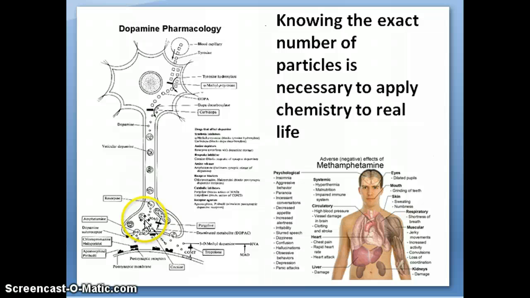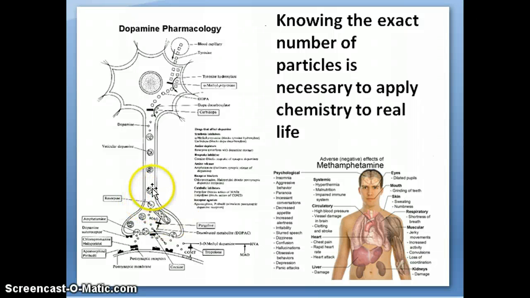And by releasing that molecule, it allows this particular neuron, this nerve cell, to produce certain physiological responses. Let's say you study these responses and you understand that for a particular response to happen, there's a certain number of dopamine molecules that need to be released into this second nerve cell.